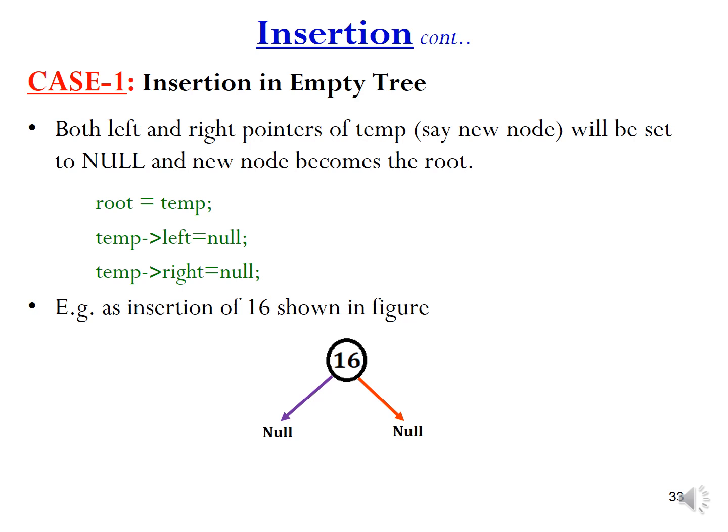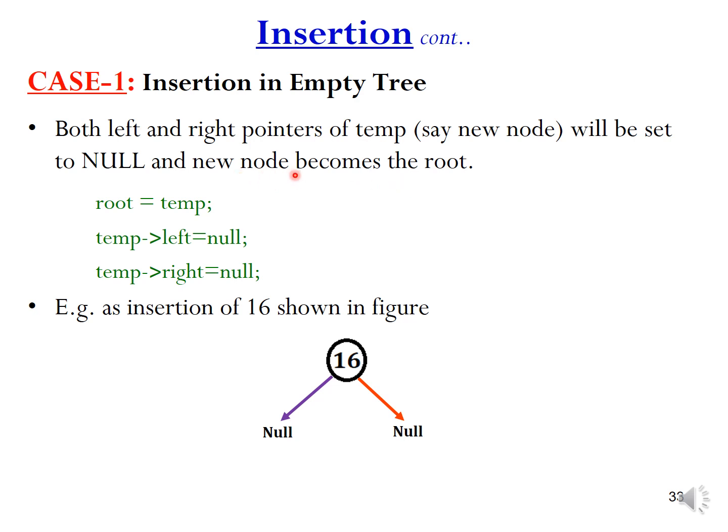Now we will discuss basically three cases in this insertion. This is case 1, the insertion in an empty tree. The tree is empty and we are going to insert a node. In this case, both the left and right pointers of temp, let us say the new node, will be set to null, and the new node becomes the root.